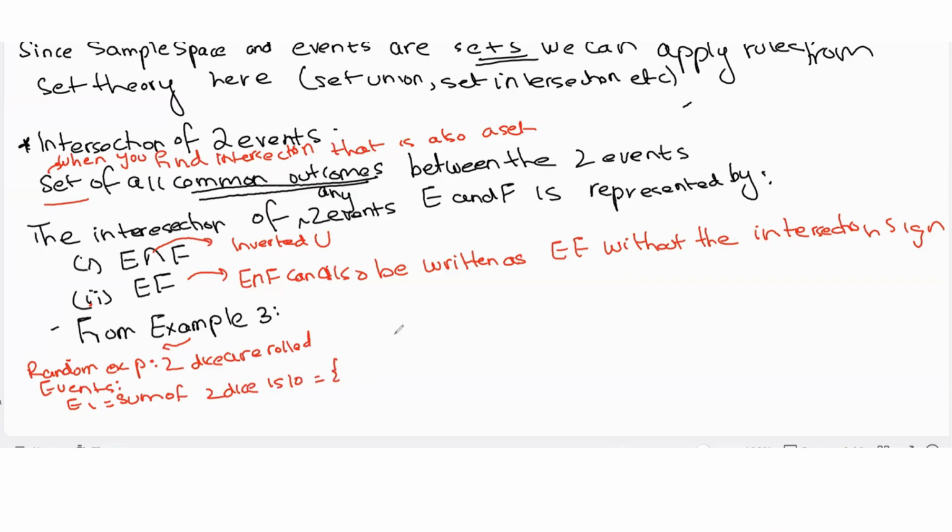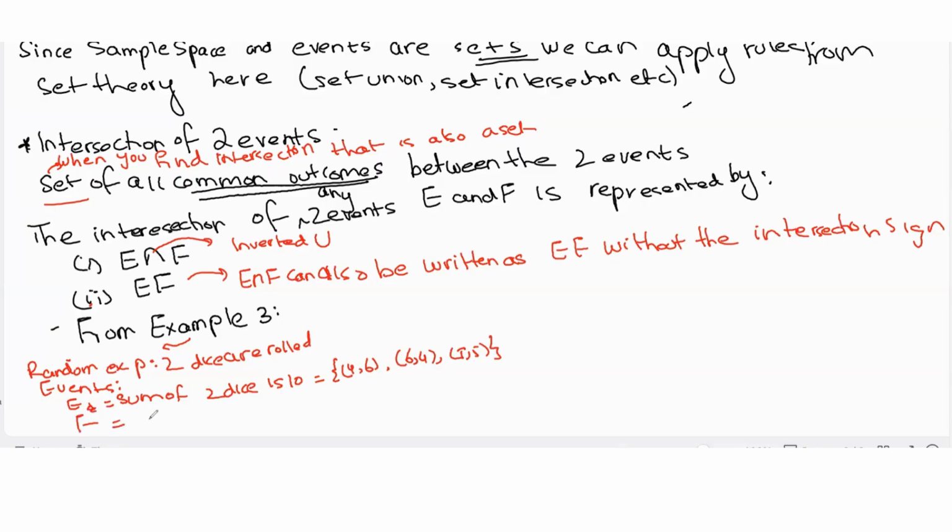E includes the outcomes where the first die is 4 and the second is 6, or the first die is 6 and the second is 4, or both are 5.